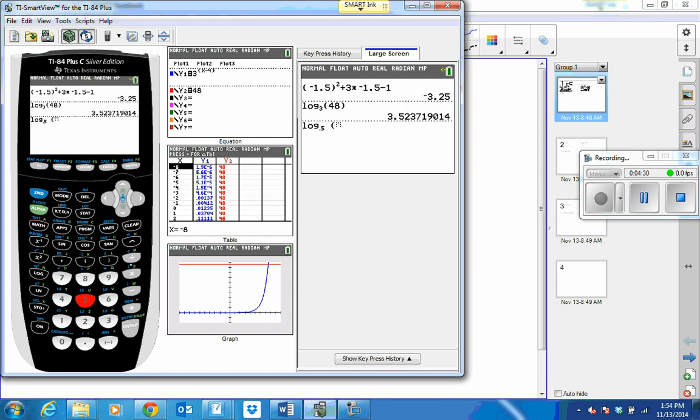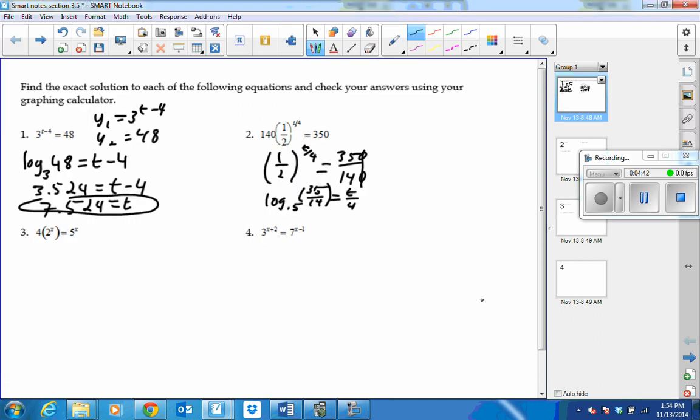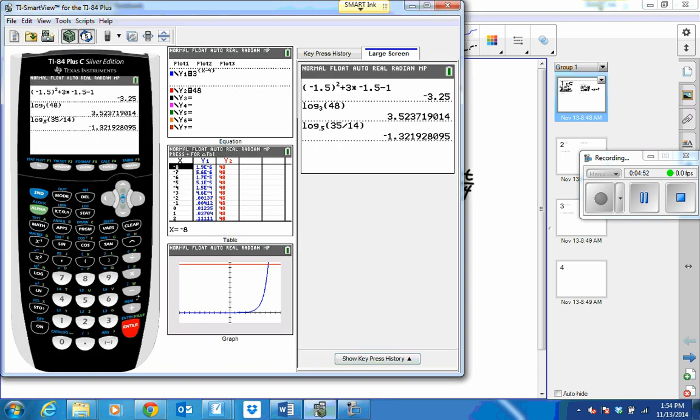So 0.5 and 35 divided by 14. So we get negative 1.322 equals t over 4. Multiply it times 4. We get negative 5.29.